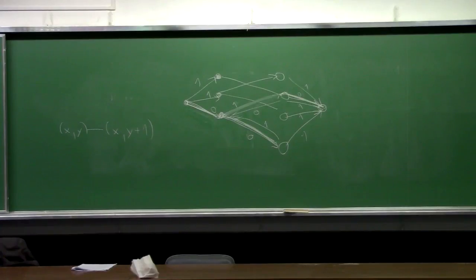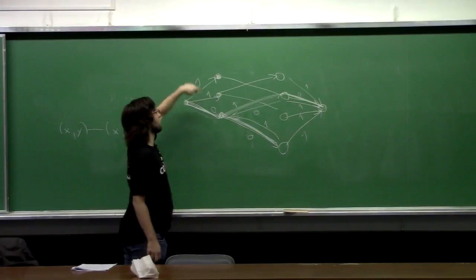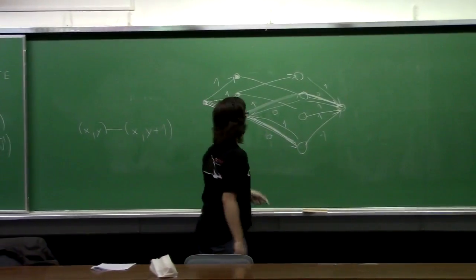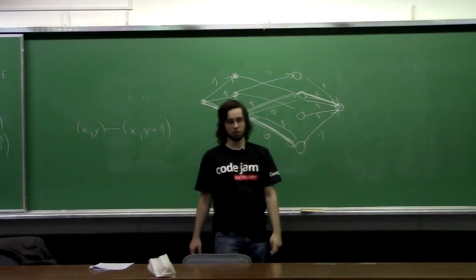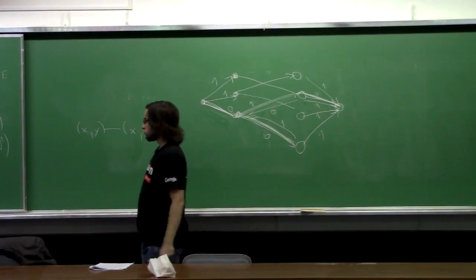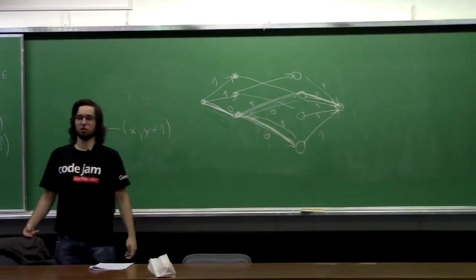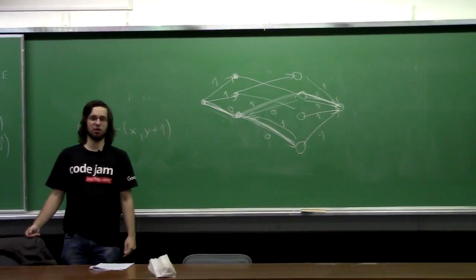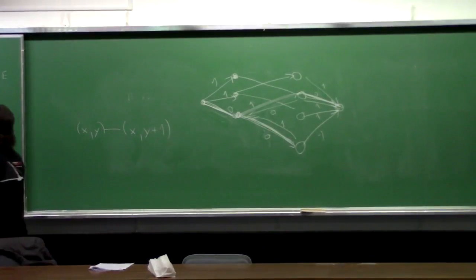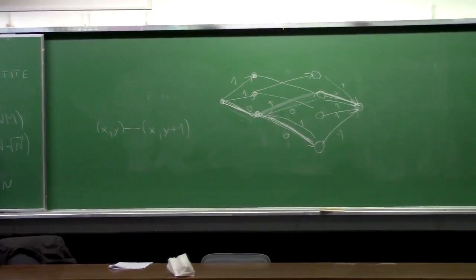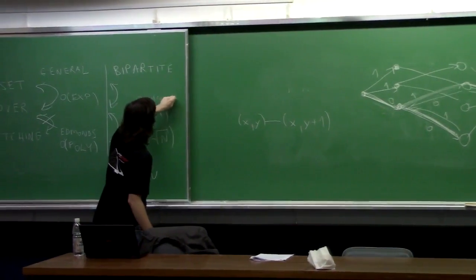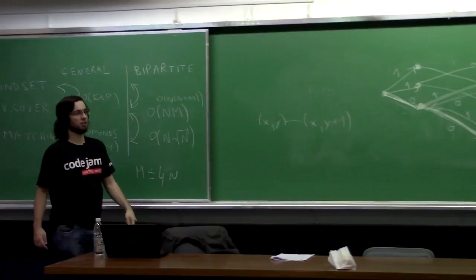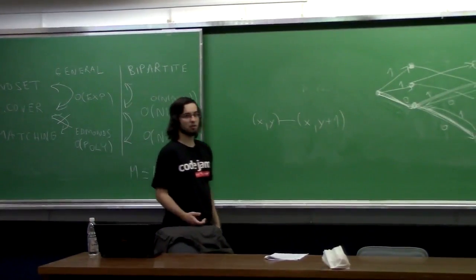This is O(nm) because we run at most n iterations. The maximum flow is at most n because there are only up to n edges from the source and up to n edges to the sink. And in each iteration we run an O(n plus m) algorithm, like BFS or DFS.